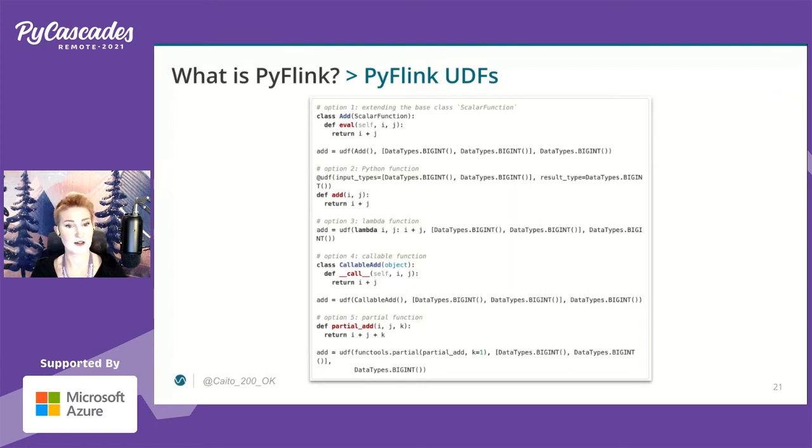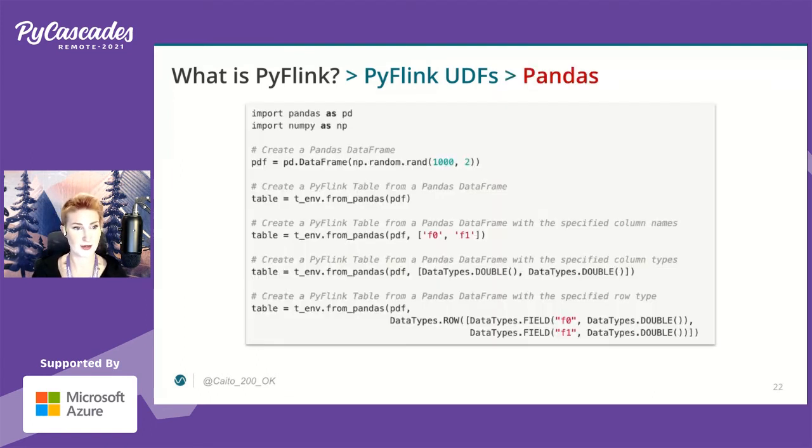The biggest highlight here is the added functionality of Pandas. I want to get into that one a little bit because that's really exciting for me. What's so special about this is that it includes a conversion option in PyFlink between Pandas DataFrame and Table.